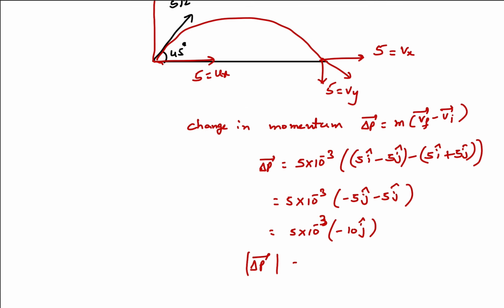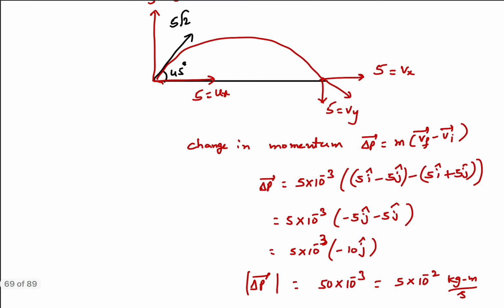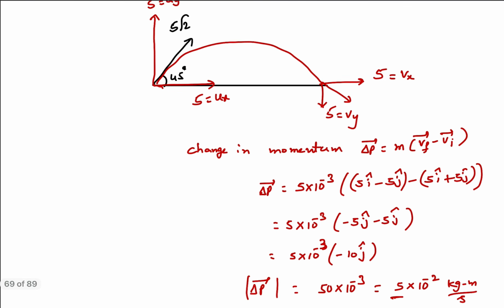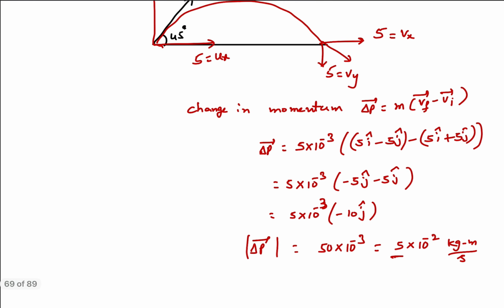In magnitude, this value is equal to 50 into 10 to the power of minus 3, value is 5 into 10 to the power of minus 2 kg meter per second. You check that as per the question it is 5 is there. So required answer is 5. Change in momentum.